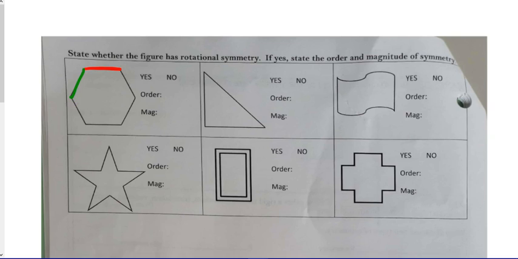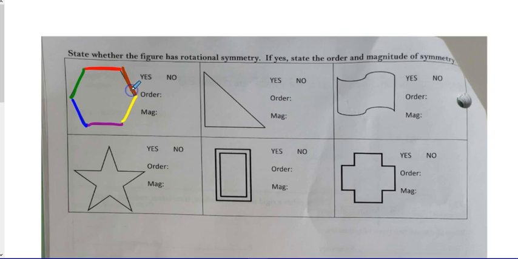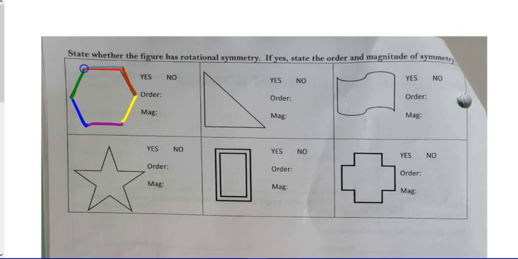Then a second time, a third time, a fourth time, a fifth time, and then a sixth time, full circle, 360 degrees. The order is 6, and then 360 divided by 6 is 60 degrees.